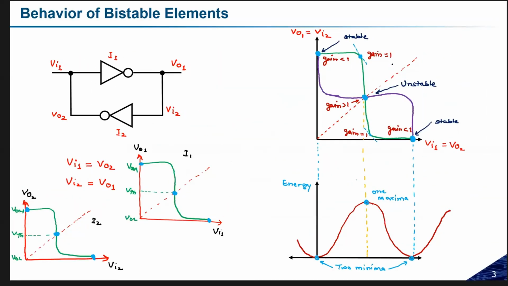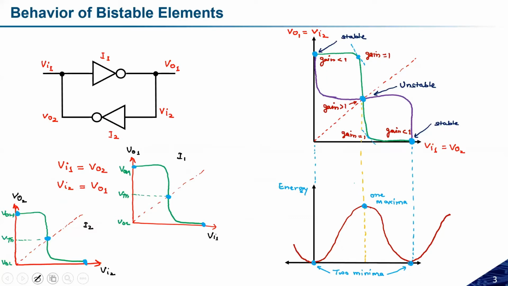If you see at this point, let me use the laser pointer, this green curve is for inverter number 1 and the purple one is for inverter number 2, right? And at this point, all the transistors are in the saturation region. Is this correct? And at this point, the input is also the same as the output. So the important thing here is that VI1, VI2, VO1 and VO2 all are equal.